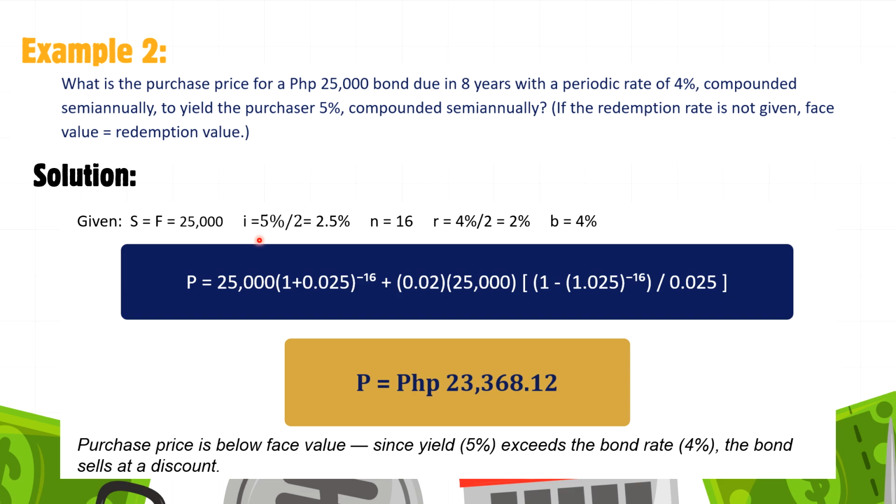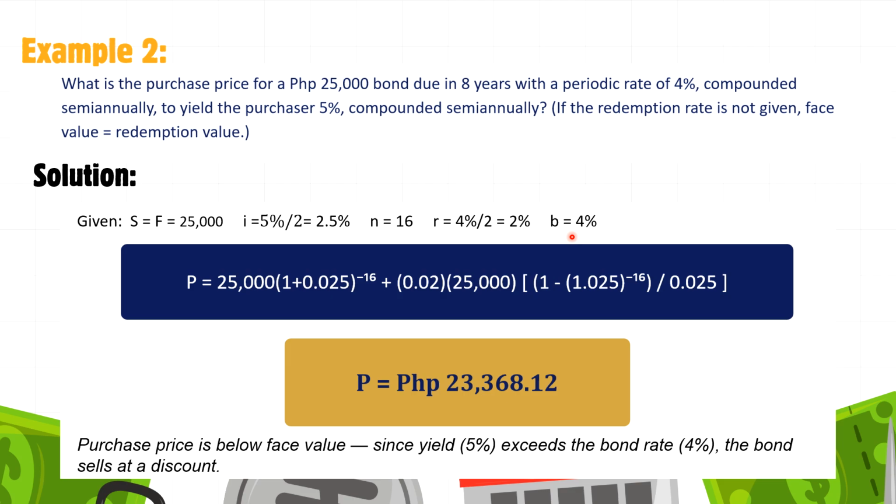I is equal to 5% over 2, where 5% over 2 is equal to 2.5%. N is equal to 16 since it is compounded semi-annually and for 8 years. And R is equal to 4% over 2, where 4% over 2 is equal to 2%. And B, or the bond rate, is equal to 4%.